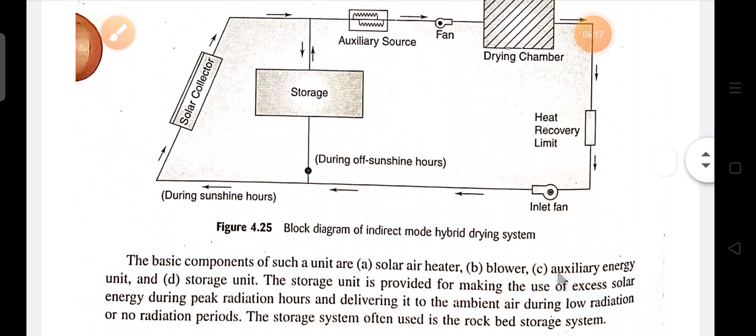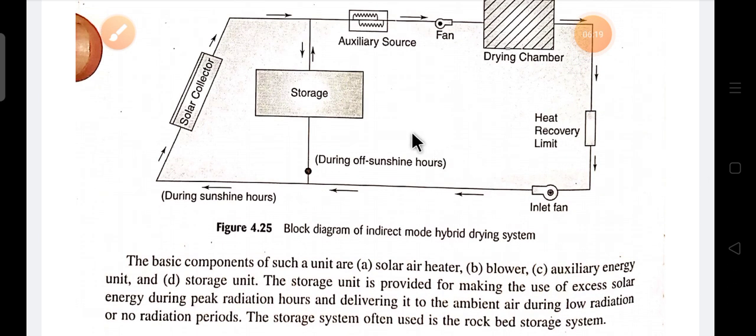That means in the storage we use big rocks, which are heated by the hot air going inside the storage and remain hot for a long time. When we need hot air, we circulate air through the hot rocks and get hot air from it.